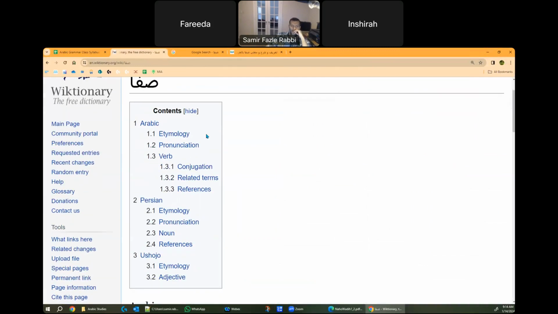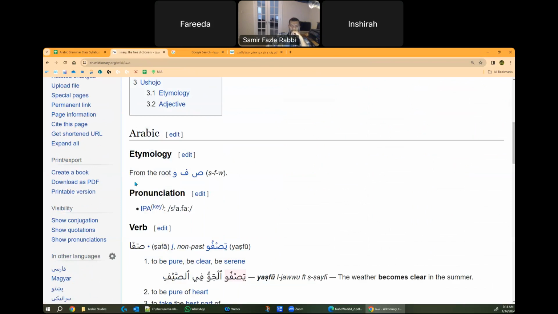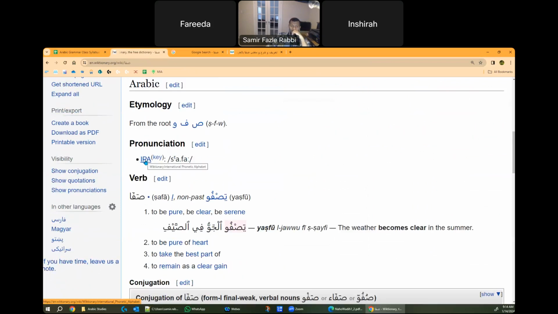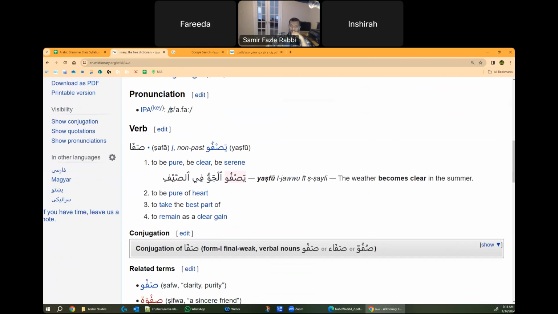So here I can see Arabic and other languages, which once in a rare moon I might look at. But you can go here and this is Arabic. So this is the root. These are the three letters: Sa, Sad, Fa, Wow. I think when you click on this, it does pronunciation. I'm not 100% sure. I don't know what this part really is.